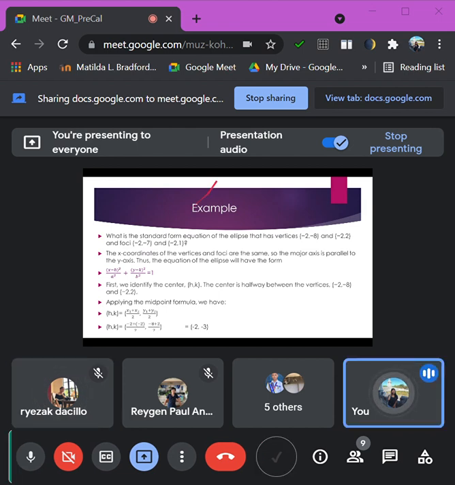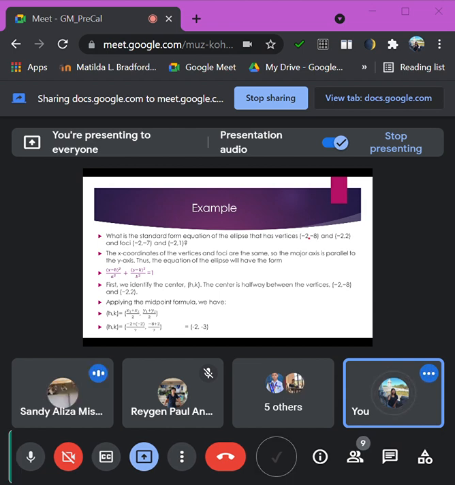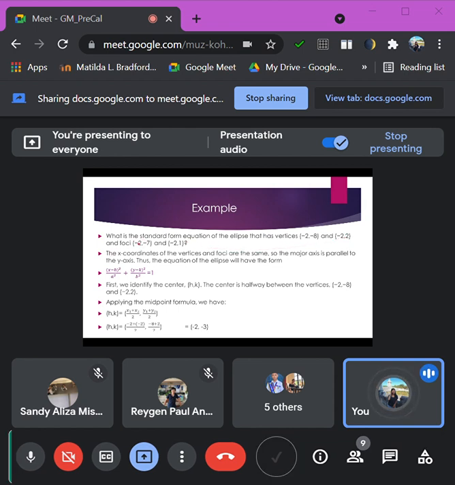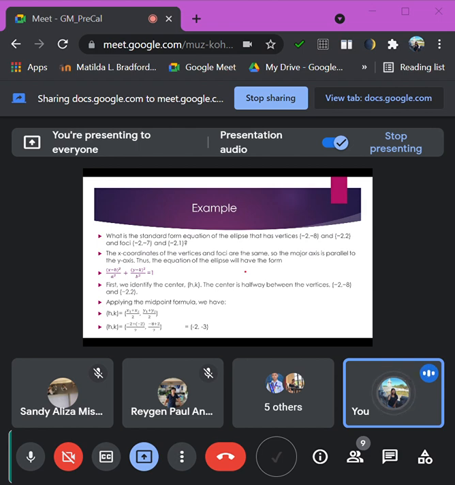Sige, tanaw na to. Asa man ang iyahang the same class? Iyahang X or iyahang Y? Unsay same nila, X or Y? X. Okay, we have the X because di ba ang ato ang vertex diri we have negative 2 and then foci negative 2, negative 2. So ningon man ta basta ang iyahang coordinates kay same ang iyahang vertex ug iyahang foci kay ang iyahang major axis is parallel to y axis.